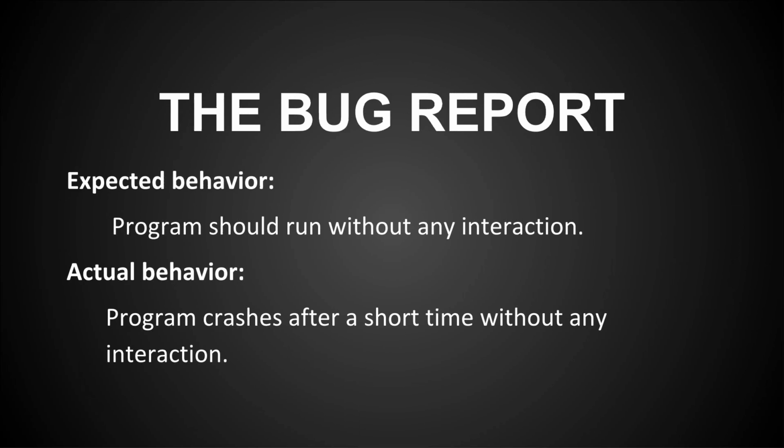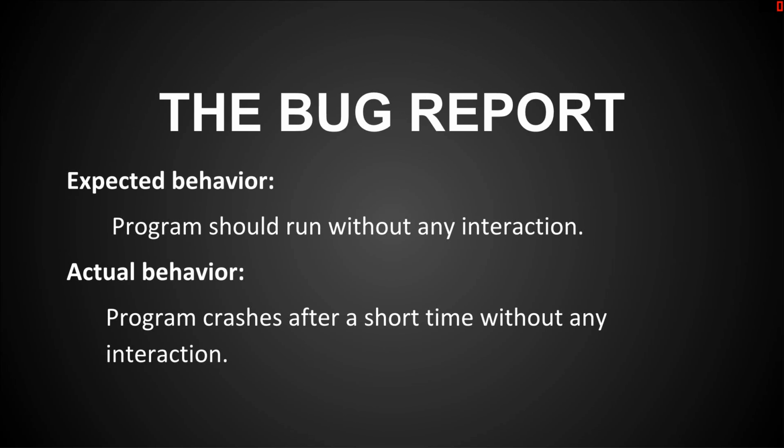So, the bug. This is worded a little strangely, but I'll try to go over what was meant by it. The program should run without any interaction. What they mean by this is that the program should run fine regardless of the user's interaction with it.